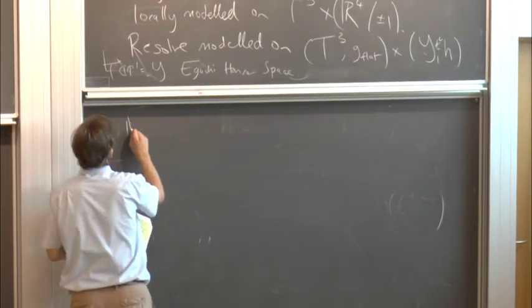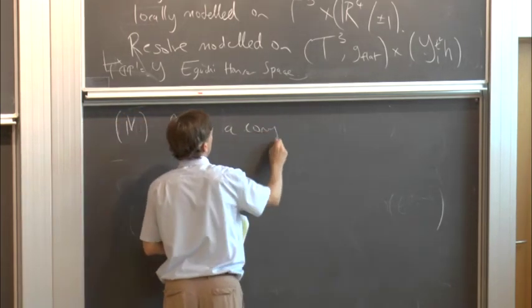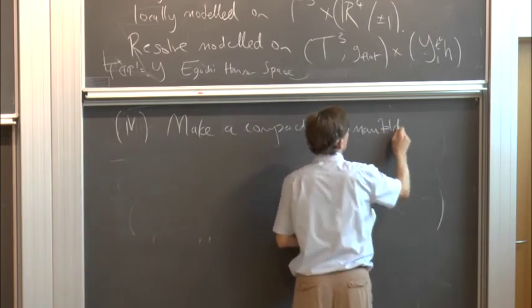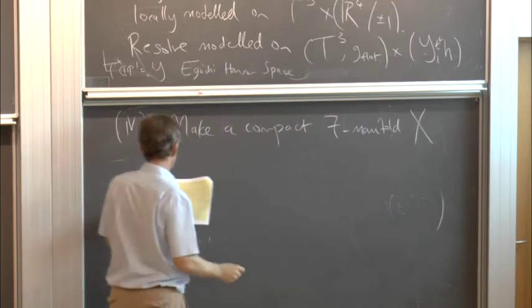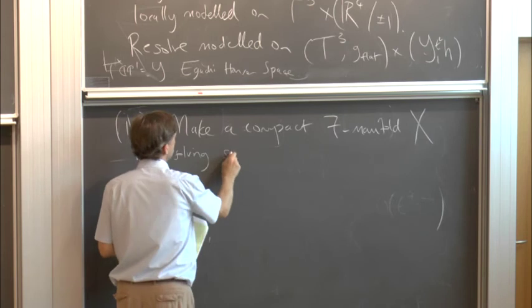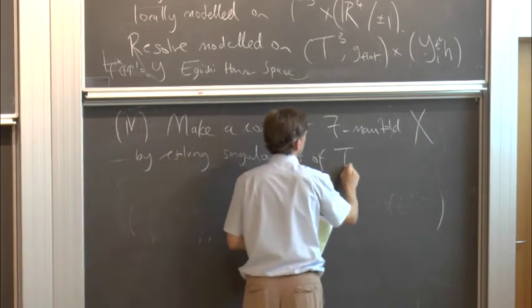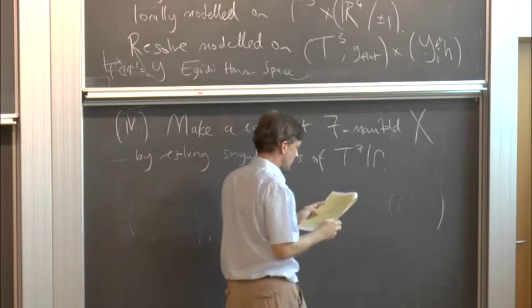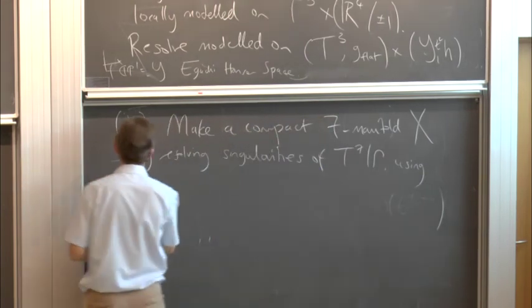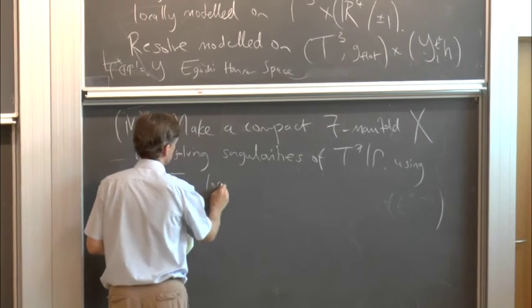Right. So fourthly, we make a compact 7 manifold X by resolving the singularities of the T7 mod gamma, where we're using these asymptotically locally Euclidean local models.